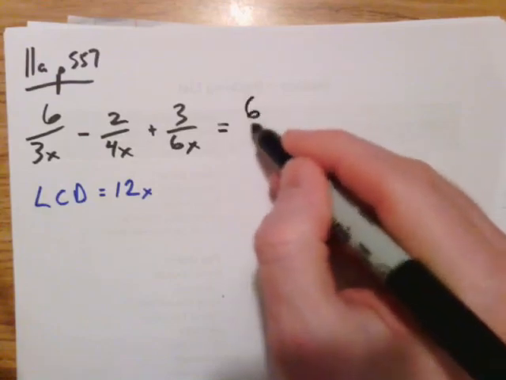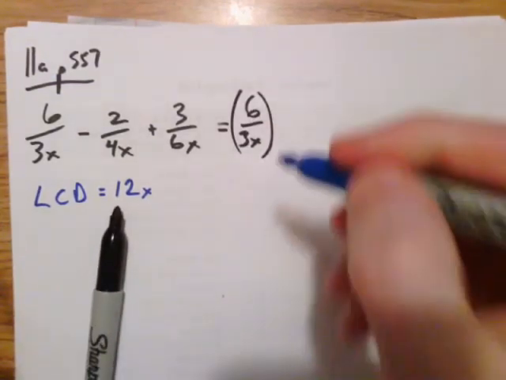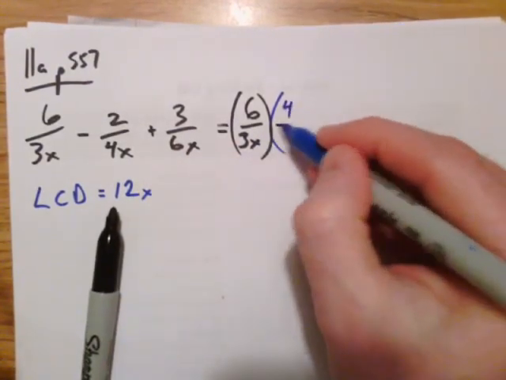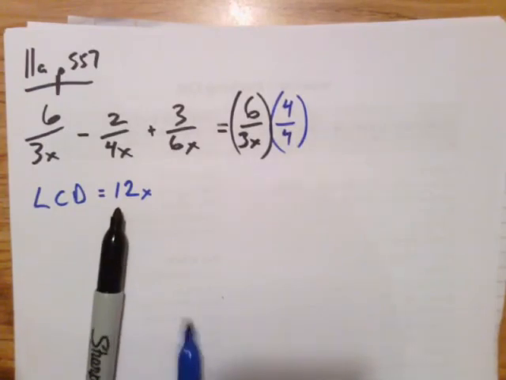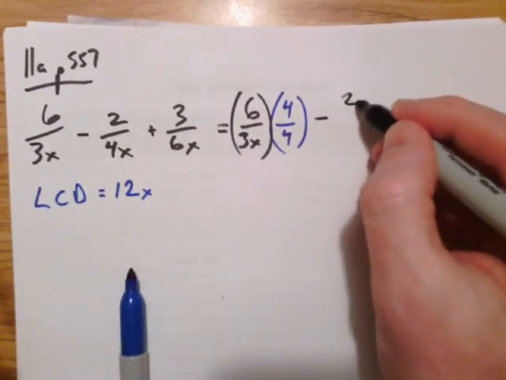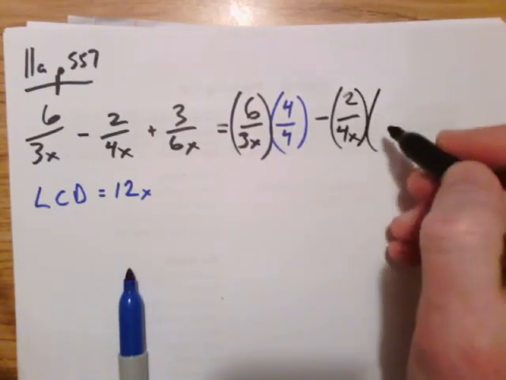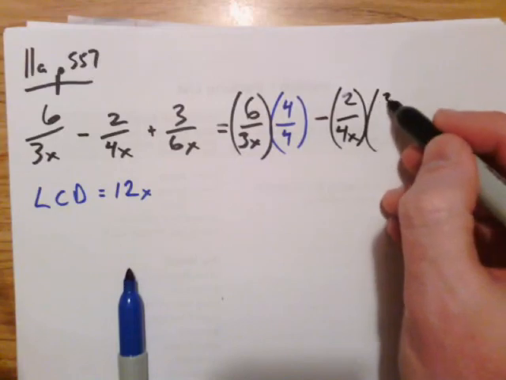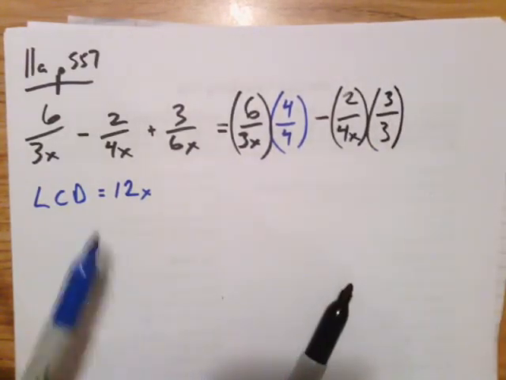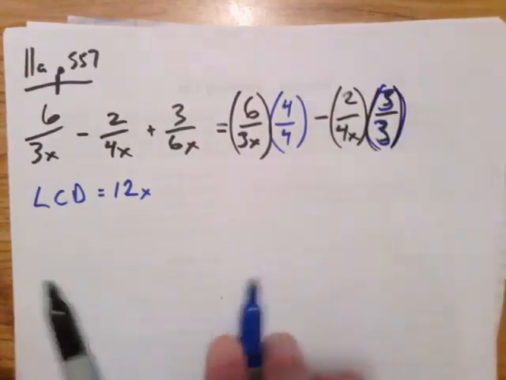Okay. 6 over 3x times, what did I say? It needs to go into 12x, so it's 4 over 4. Minus 2 over 4x, so this is times 3 over 3, because we want to get it to 12. Did I tell you I didn't sleep well last night? Did I mention that already?